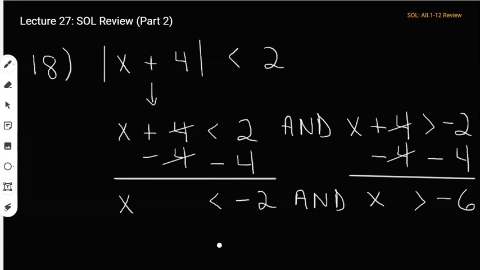Let's see if we can graph this on a number line. So I have negative 2 and I have negative 6. The smallest of those is going to be negative 6. So that's going to go over here. The negative 2 is a larger number than negative 6, so that can go right here.